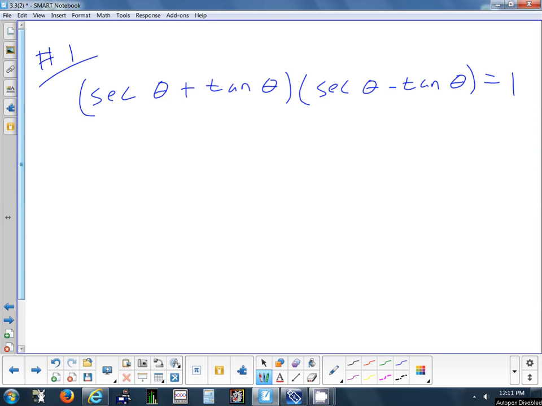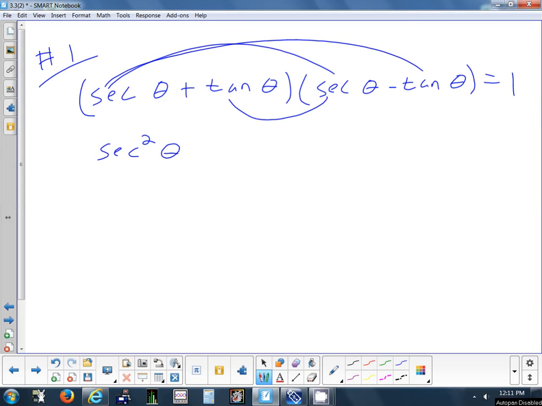Okay, first thing I saw some people doing as I was walking around is they tried changing everything to sines and cosines, but because you have secant plus tangent times secant minus tangent, those are conjugates, I would always multiply out conjugates first. So that's going to be secant squared theta, and then secant times negative tangent, and secant times positive tangent.